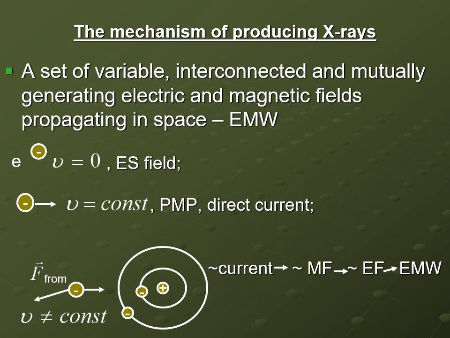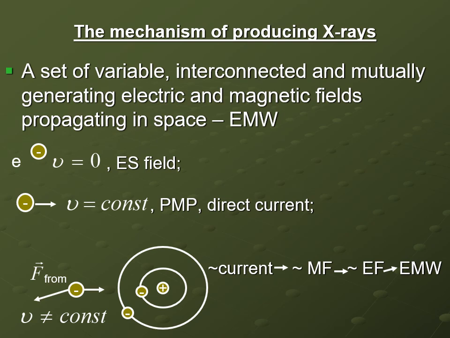But in the event that the electron velocity is not constant, that is, the electron interacts with the anode atoms when introduced into the anode, braking also occurs because the electrons that are in the orbits of the atom will act on the electron with a repulsive force. There will also be a force of attraction to the nucleus. In this case we have a deceleration of electrons, and an alternating current occurs.